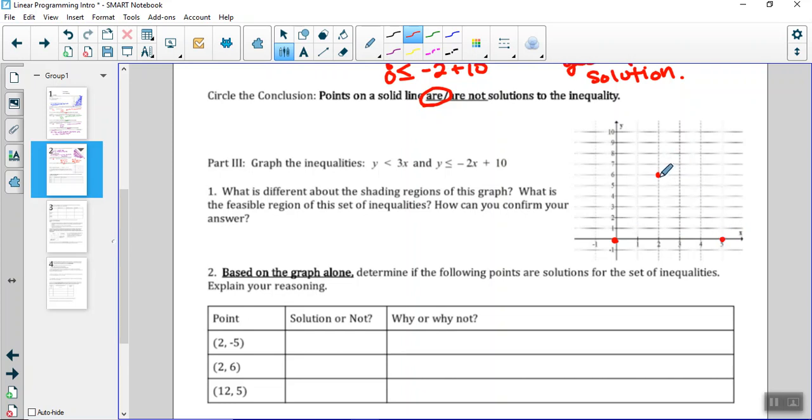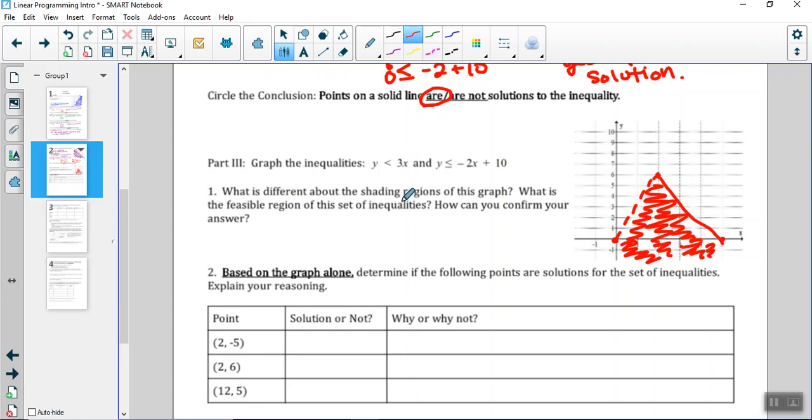And then this line here was solid, and then this line here was dashed. And then we're going to shade below because this part here was shaded by both graphs. And it continues down like this.